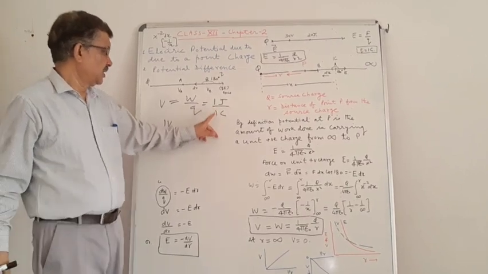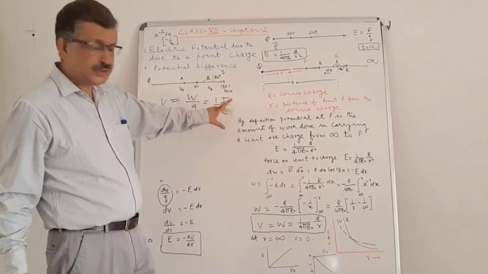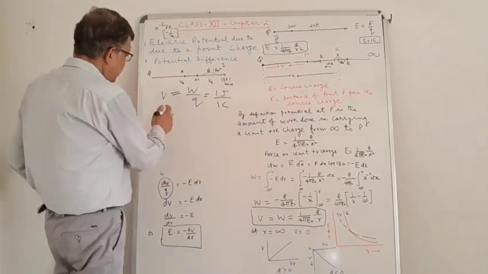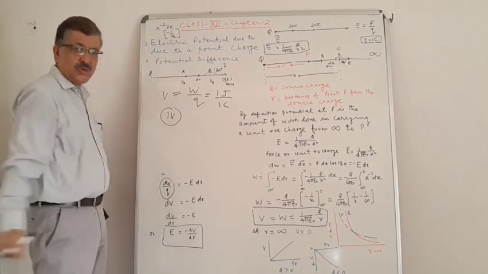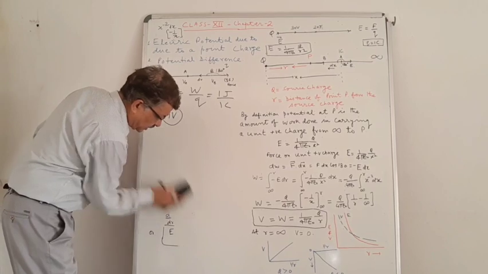When 1 joule of work is done in taking 1 coulomb of charge from infinity to any point, then the potential at that point is said to be 1 volt. So that is the SI unit of potential.